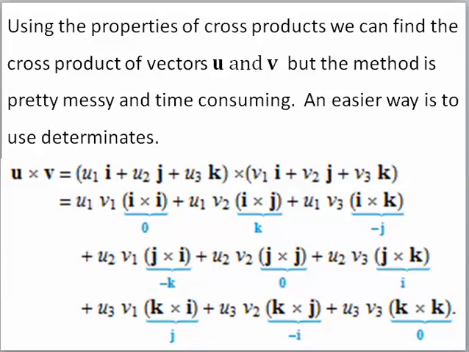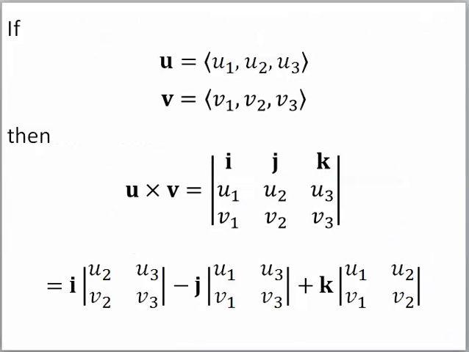Using the properties of cross products, we can find the cross product of u and v, but the method is pretty messy and time-consuming. An easier way is to use determinants. If we know the components of u and v, then u cross v is equal to the determinant of the matrix created in the following manner.